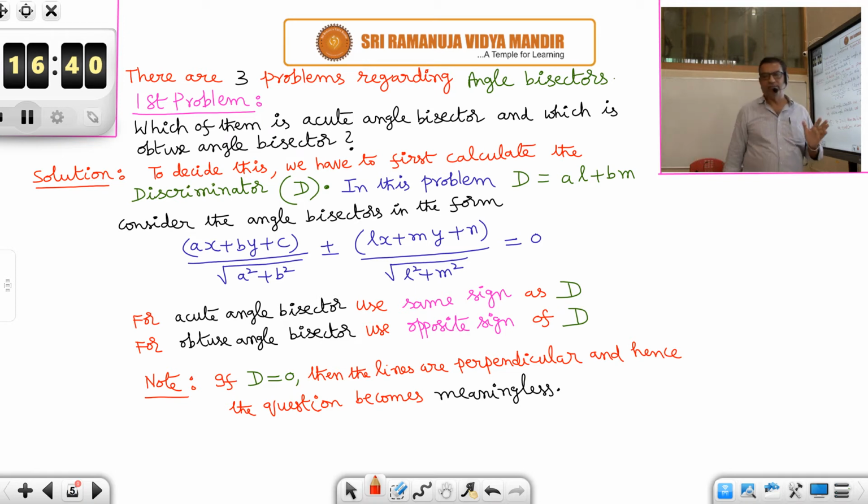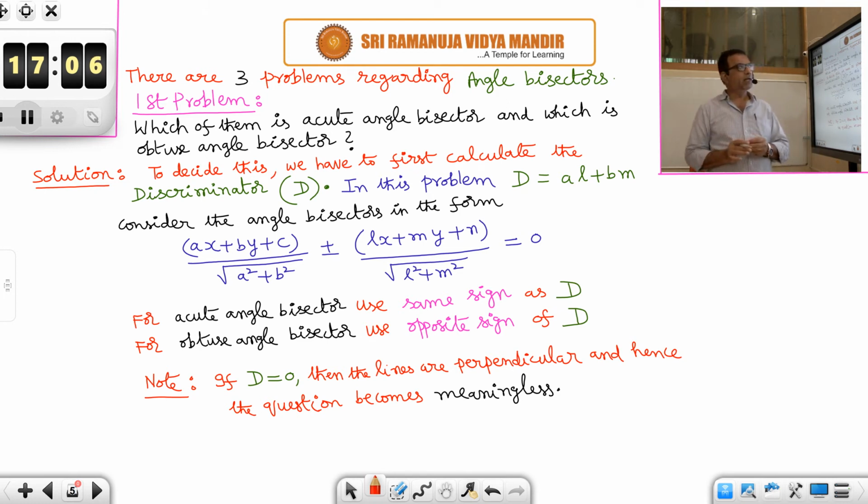See, by taking plus or minus, with the plus sign we get one angular bisector, with the minus sign we get the other angular bisector, is it not? So to find the acute angle bisector, which sign must be used? To find the obtuse angle bisector, which sign must be used? This is the first question.